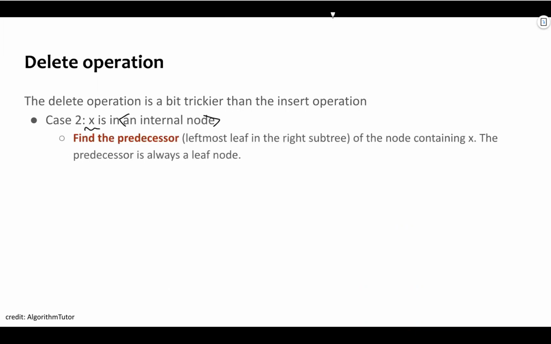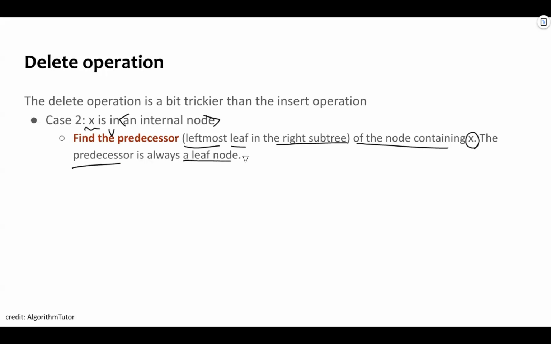What we are going to do is find the predecessor, the leftmost leaf in the right subtree of the node containing X. And the predecessor is always a leaf node. And this is what we did for binary search trees and AVL trees.